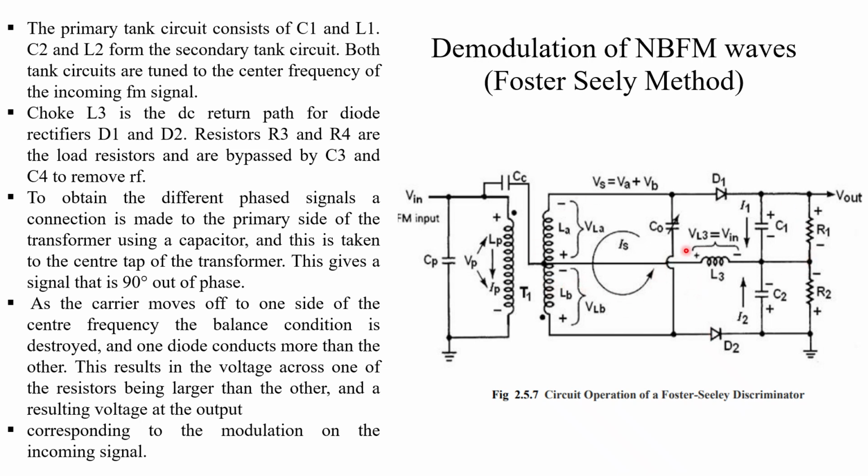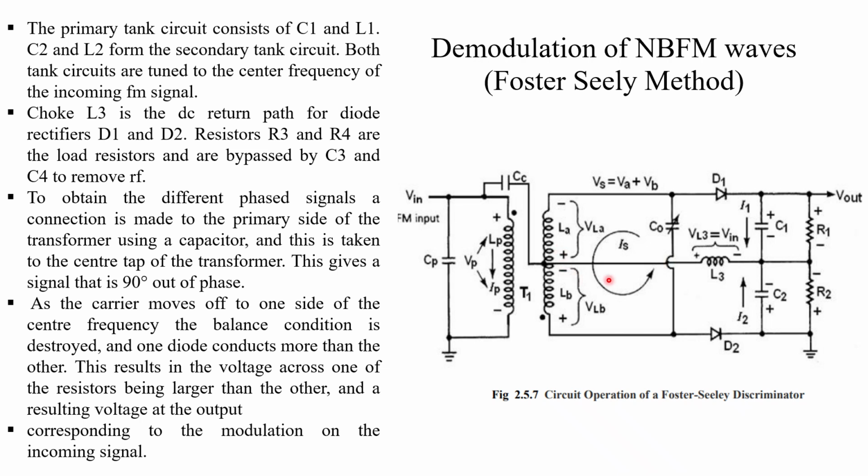Choke L3 is the DC return path for diode rectifiers D1 and D2 both, and resistors R1 and R2 are the load resistors that are bypassed by C1 and C2 to remove the RF signals. To obtain the different phases, the signal connection is made to the primary side of the transformer using a capacitor. This is just used for the Hilbert transform, so that you can have the phase difference of pi by 2.